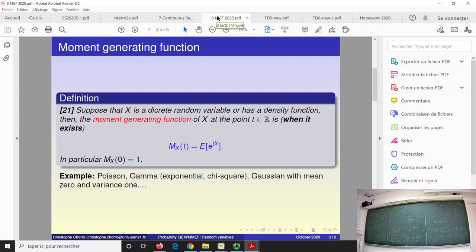You have seen this in list 5. So typically, for an exponential of parameter lambda, the moment generating function at t is equal to what? I just have to replace alpha by 1 and lambda by lambda. So it is lambda over lambda minus t, for t less than lambda. You have here the moment generating function of an exponential of parameter lambda.